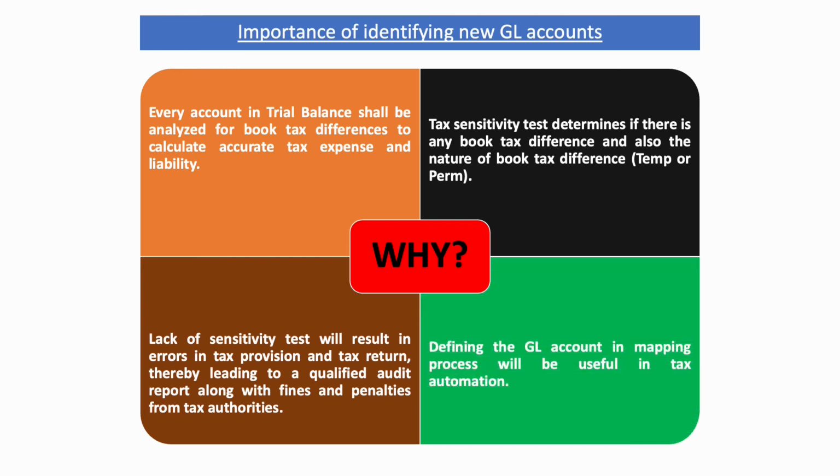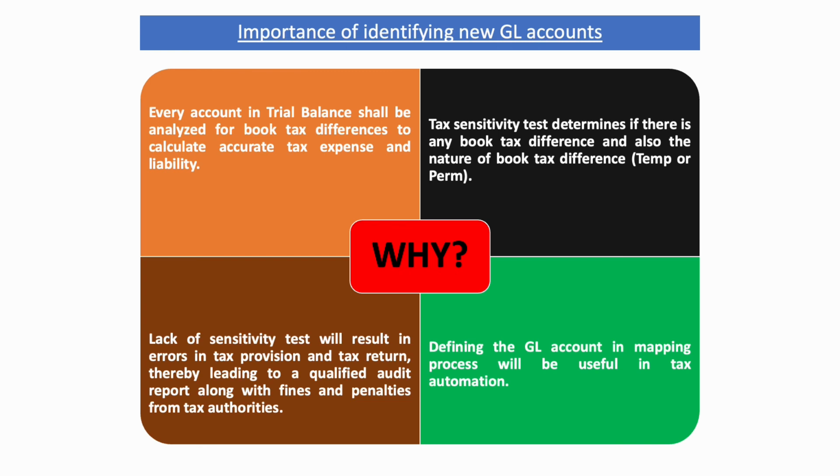And lastly, if you are doing this process correctly, if you're doing what is necessary in the life cycle of a GL account, it will be very, very useful in creating a tax automation process. In order to install or create any kind of automation in the tax process, it is extremely important that all the data you are processing through your work papers and workbooks is accurate and good.